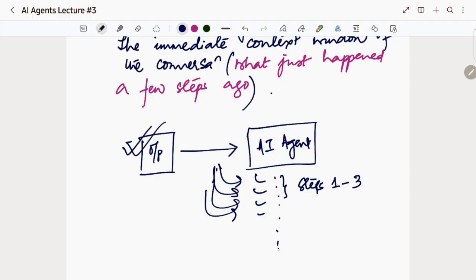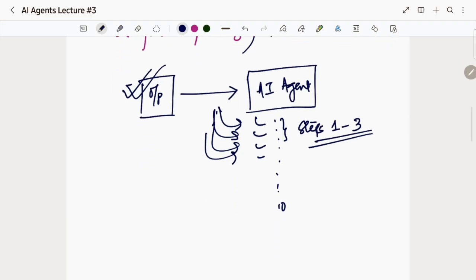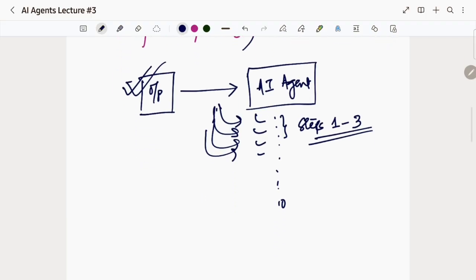Let's suppose there are 10 steps, and today I finished from step 1 to step 3, and I'm going to get back to this tomorrow. Parallelly I am in a job, I am on YouTube as well, and I have several other hobbies that I am looking into.